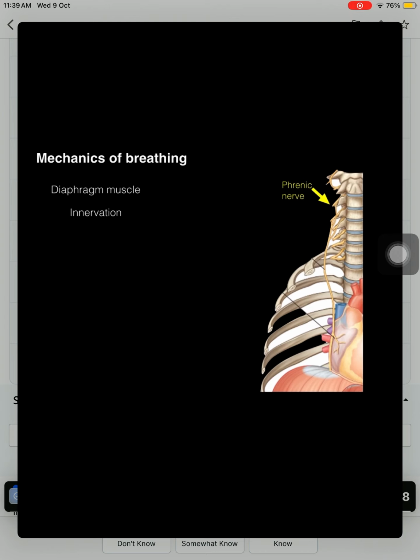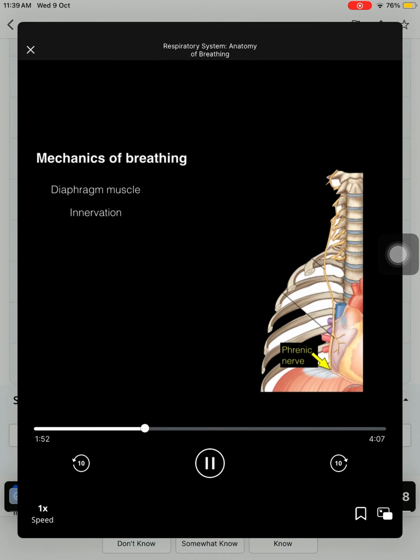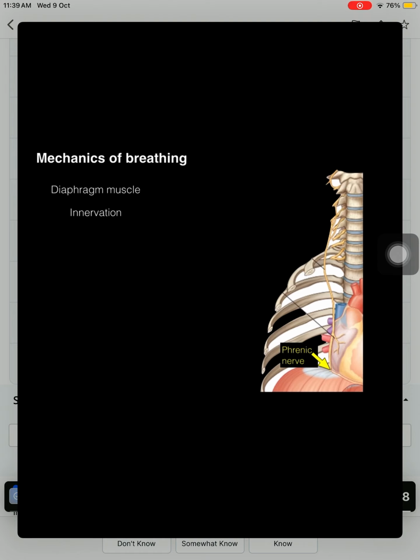It arises from the C3, C4, and C5 spinal nerve levels, courses down, and in addition to taking sensory innervation from the parietal pleura, mediastinal and diaphragmatic parietal pleura, it provides motor innervation to the diaphragm. And because it comes from C3, 4, and 5, which is important, we'll remember C3, 4, and 5 keep the diaphragm alive. That's the levels that contribute to that phrenic nerve.